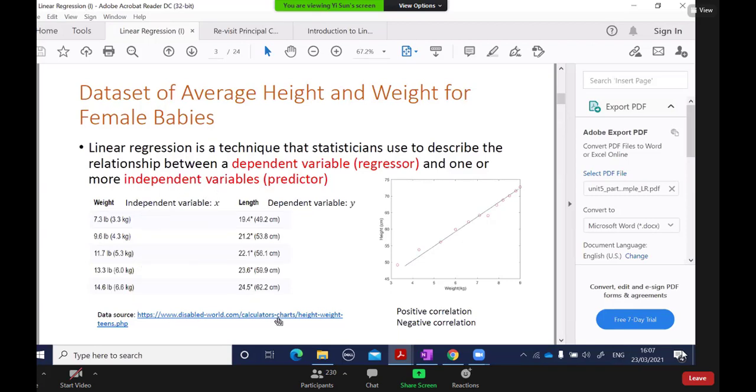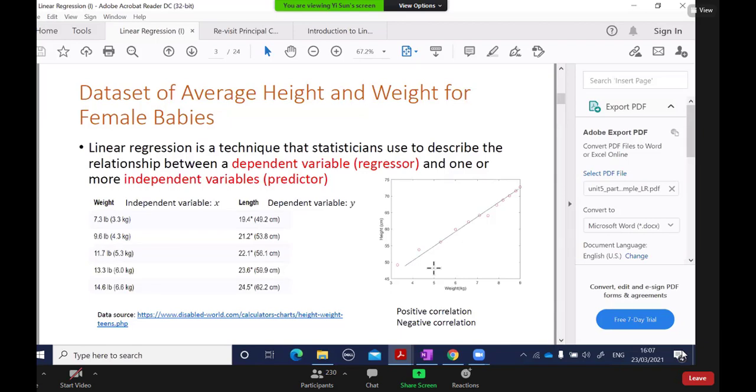Here is an example. In this figure, I have some plots, like you can see red circles, and each of them is drawn based on a pair of values: one is weight, one is length. These are newborn female babies, height and weight, a small group of data.